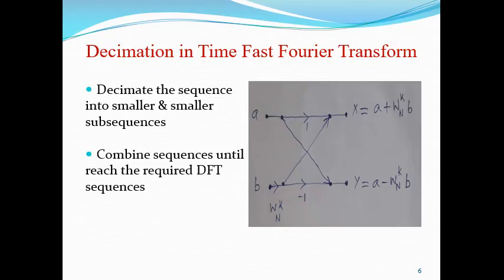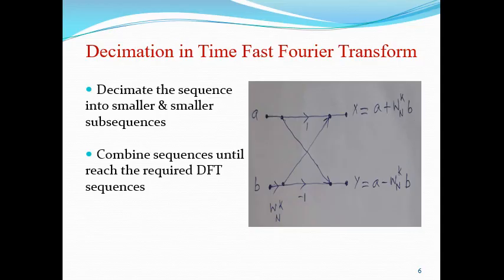The DFT point x can be found as a plus w n to the power k into b, because the plus 1 value is present in the basic butterfly diagram.